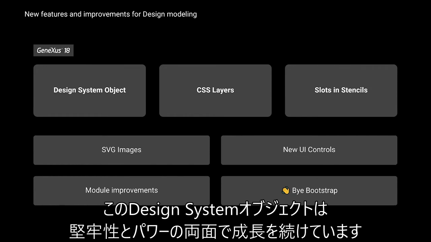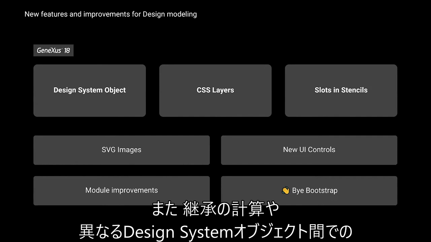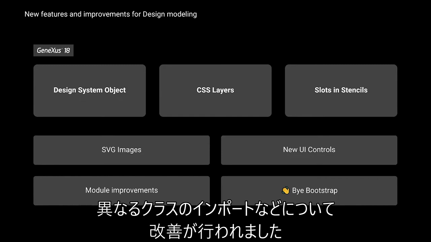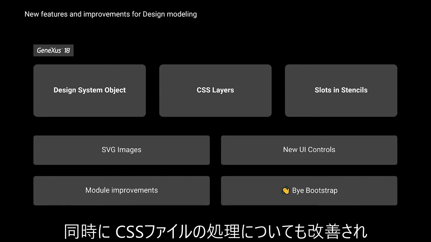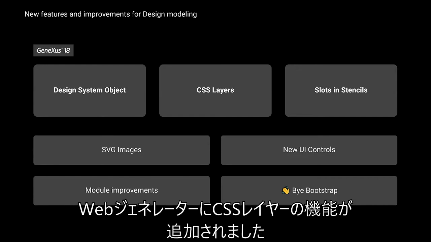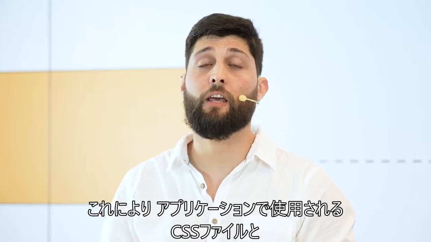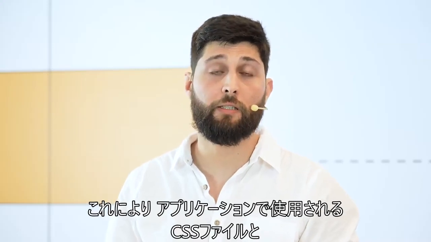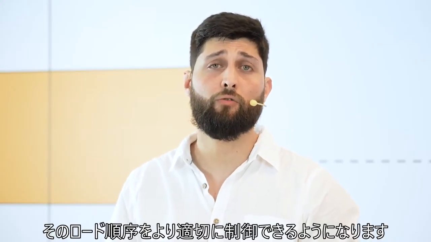This design system object keeps growing both in terms of how robust it is and in terms of power. And we've made some improvements, such as inheritance calculations and import from different classes between different design system objects. We also improved CSS management layers. We have these new CSS layers in the web generator, which give us better control of the CSS files that are updated in our application and the way that they are loaded.